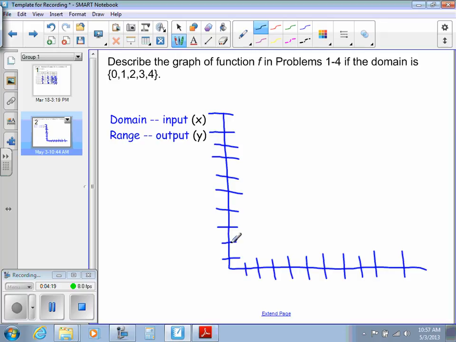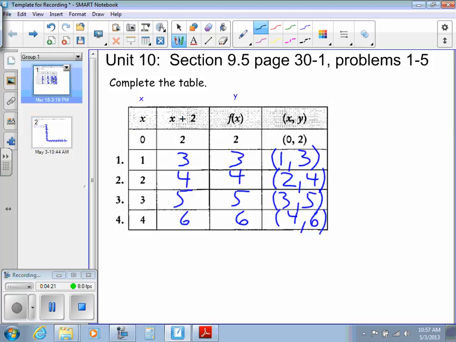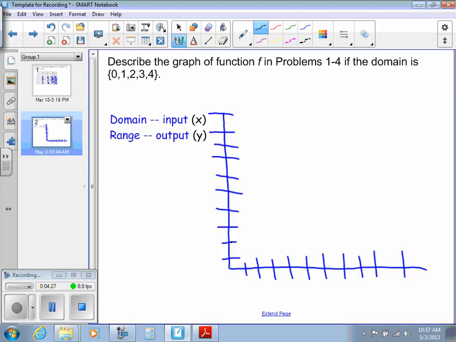That would be right here. Then we have 1, 3. 0, 2, and then 1, 3, and 2, 4, and 3, 5. What are we getting? If we keep going here, we're going to get dots that lie in a straight line.